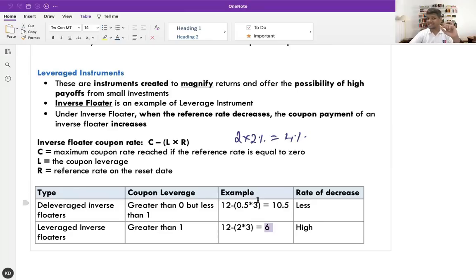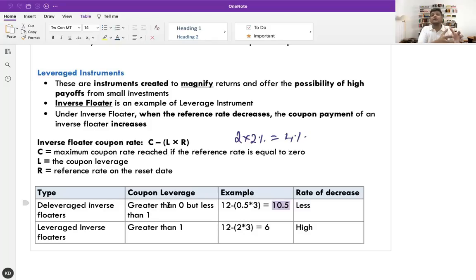But if the leverage is less than 1, then 3 into 0.5, which is hardly 1.5. So I'll get just 1.5 coupon. Clear? If the leverage is 1, it's a typical inverse floater. So there are two types of leverage instrument. The ones which are actually leverage, where the factor is more than one.